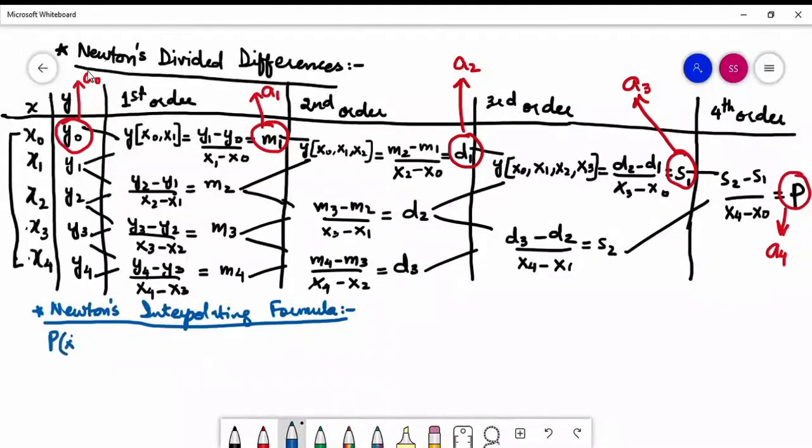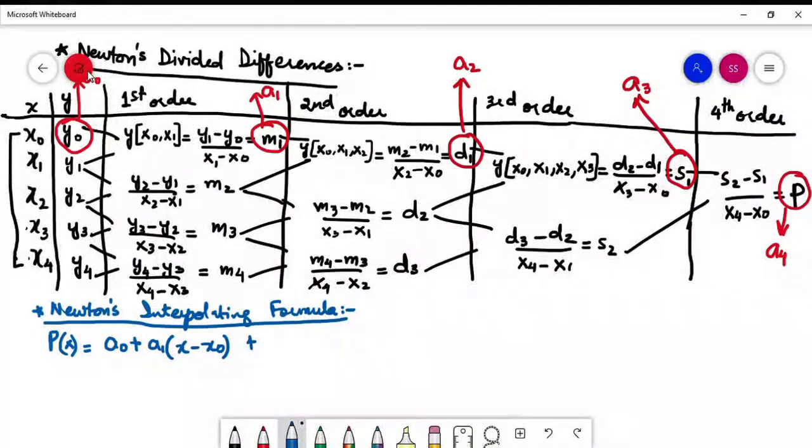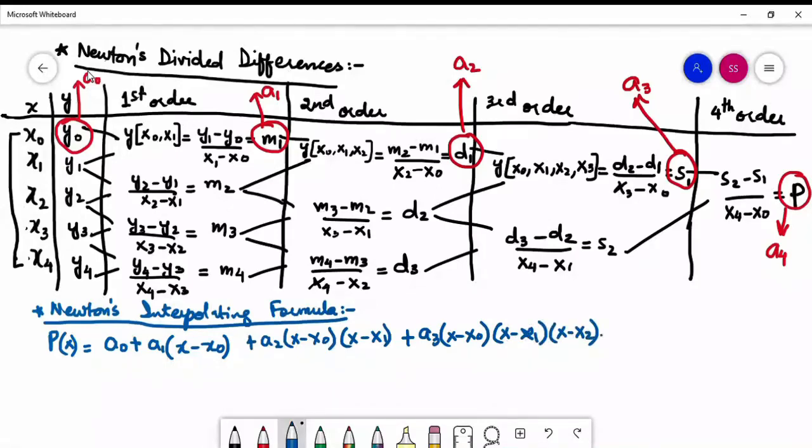So let p of x or y of x be equal to a0. Now see the pattern: a1 times (x minus x0) plus a2 times (x minus x0) into (x minus x1) plus a3 times (x minus x0), (x minus x1), and (x minus x2), and so on.